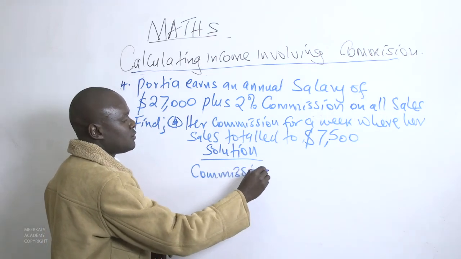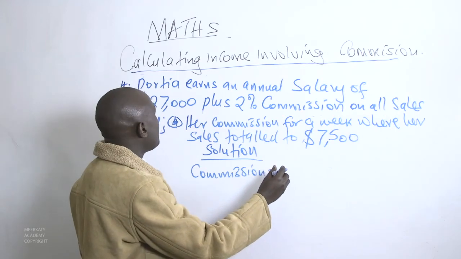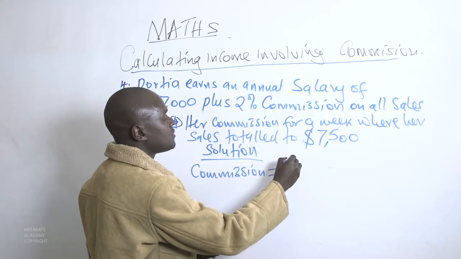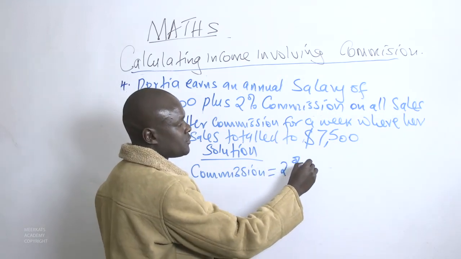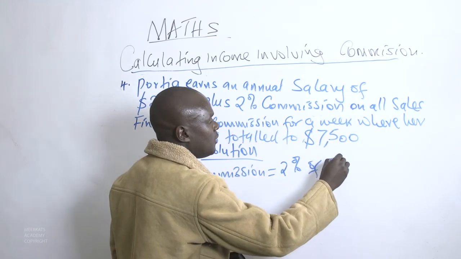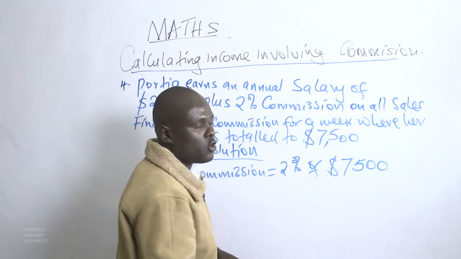And we have learned that commission is basically a percentage of the total sales. This time round, we've been given that the commission is 2% of the total sales. And the total sales in this week is $7,500.